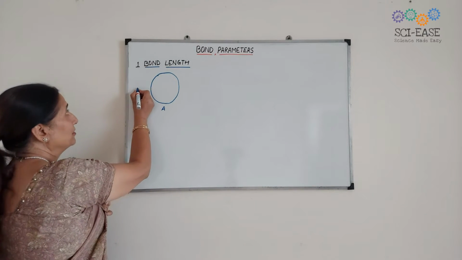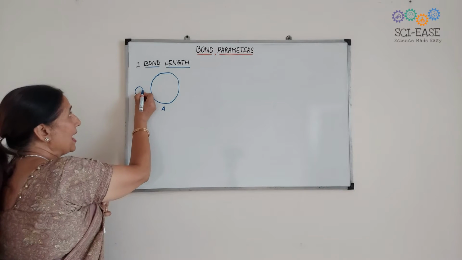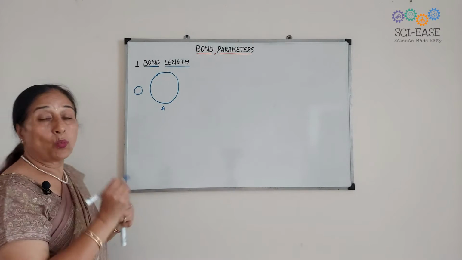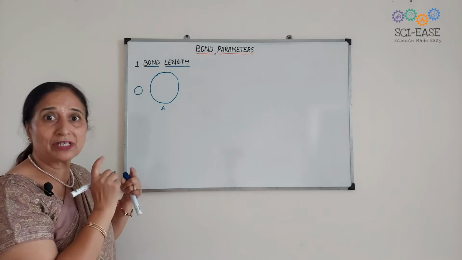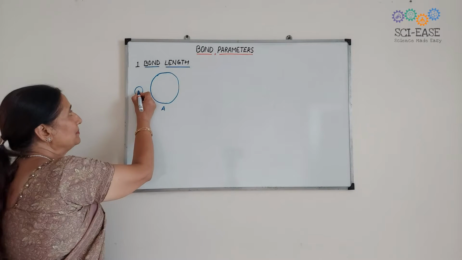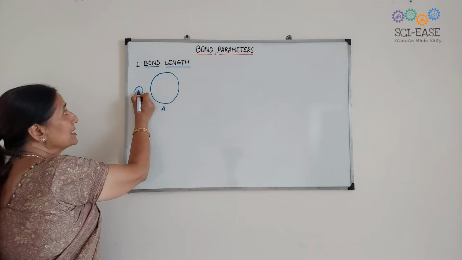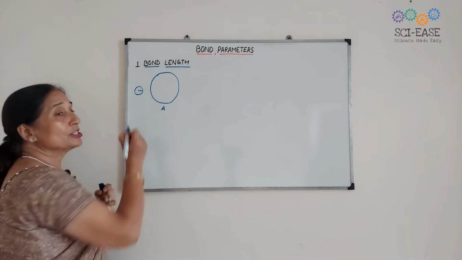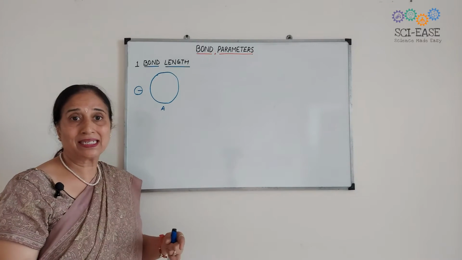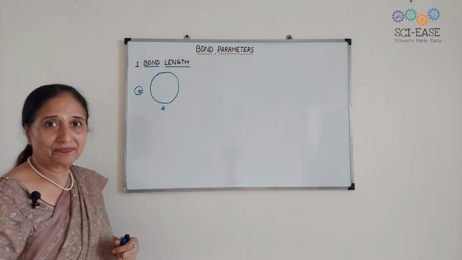Suppose we have one atom. What is the radius of this atom? First, you should know this. This is the center of the atom. From the center to the outermost complete shell, that is known as the radius of an atom.